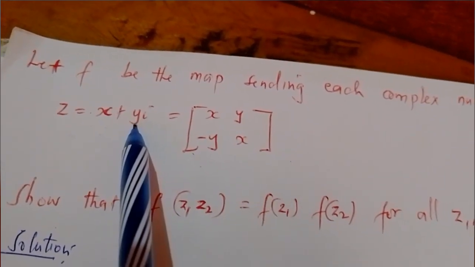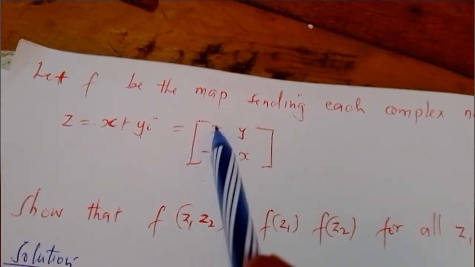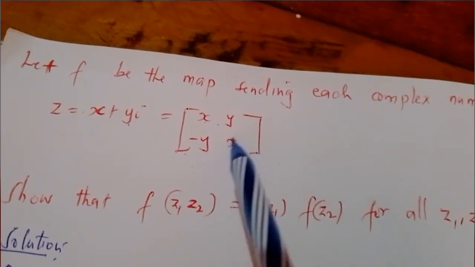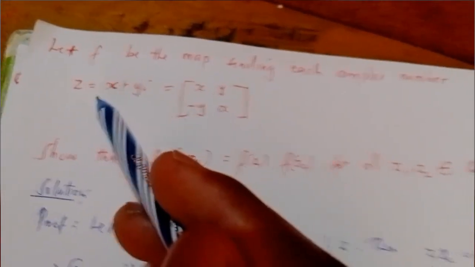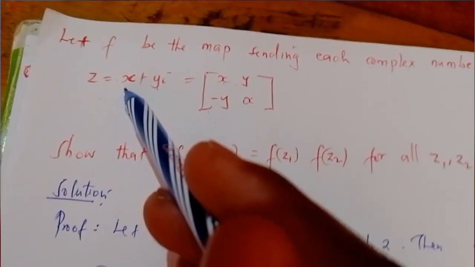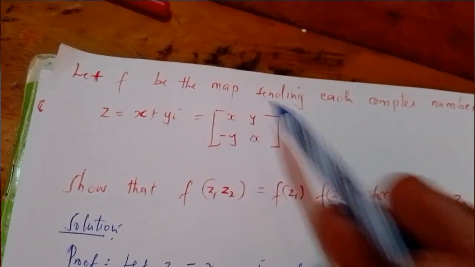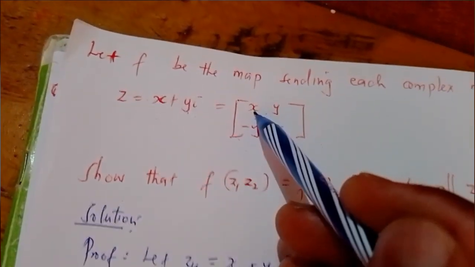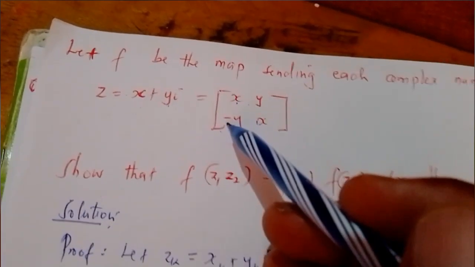So here we put the real part, here the imaginary part, here the negative of the imaginary part, then here the real part. In this matrix form, x stands for the real part, y for the imaginary part, this for the negative of the imaginary part, and then x for the real part.